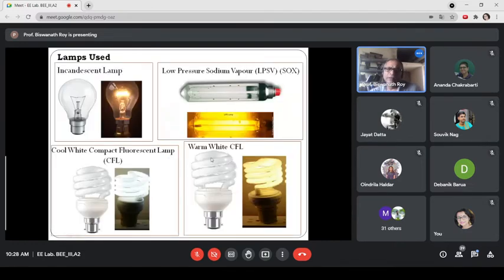So I repeat, in the low pressure sodium vapor lamp, the only physical process is electroluminescence, out of which we are getting yellow color light. And in this CFL lamp, compact fluorescent lamp, two physical processes are involved.